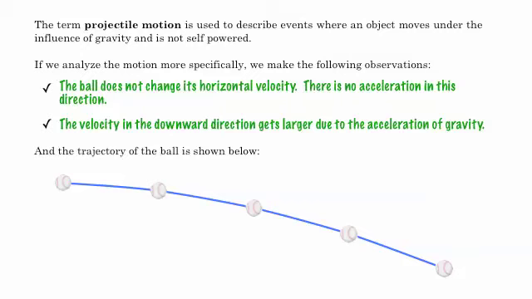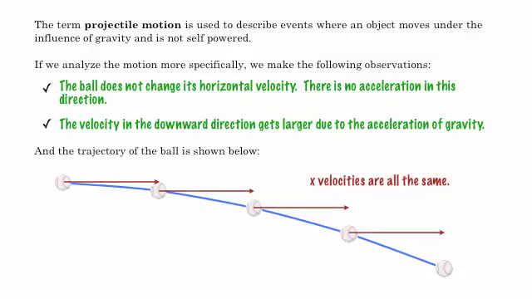And the trajectory of the ball would kind of look like this. And so the blue line represents the resultant velocity. But we can draw the pieces that make up that resultant velocity. So here's all the horizontal velocities. From position 1 to position 2, position 2 to 3, position 3 to 4, position 4 to 5, the velocities in the x direction are the same. But what do we see with the velocities in the y direction?